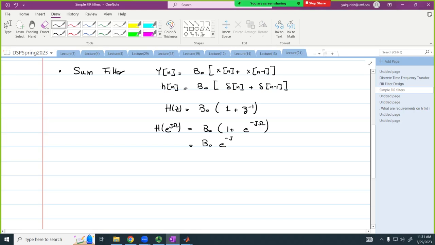We're going to take half of that phase, and then we're going to get e to j omega over 2 plus e to negative j omega over 2. And therefore, we can write this as 2 multiplied by b0 e to negative j omega over 2 multiplied by cosine omega over 2.